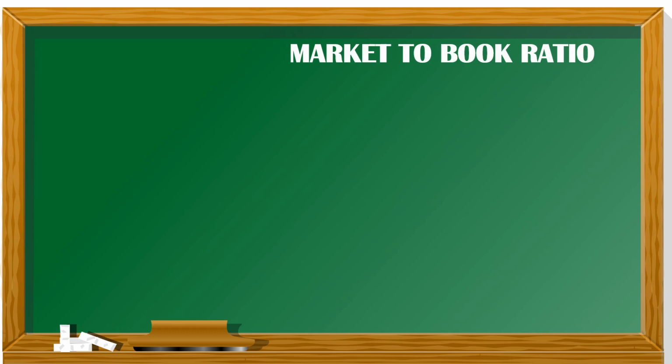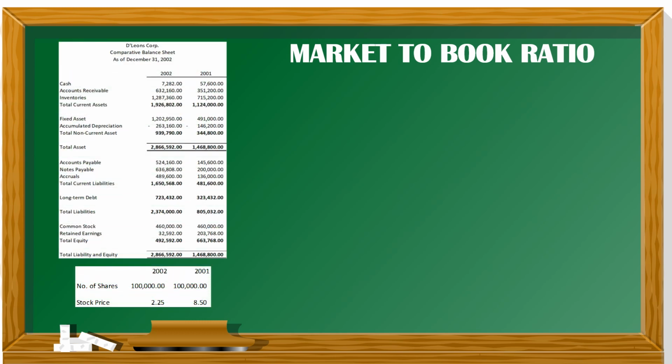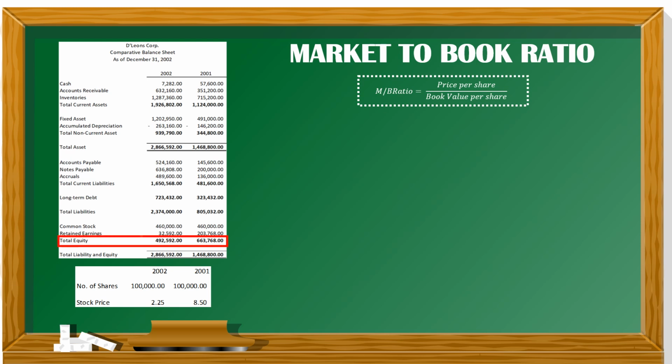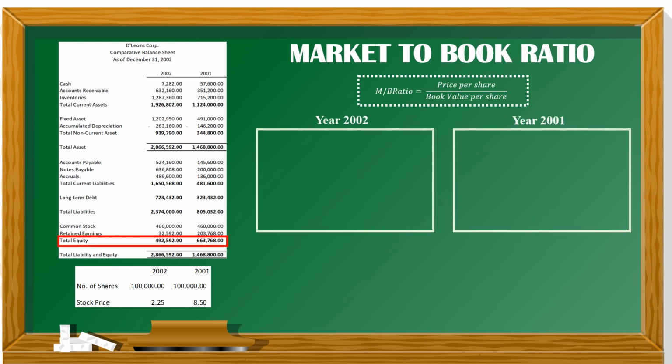Okay, so we have here the last type of market value ratio, that is the market to book ratio. Now, in this example, we have the formula of price per share divided by the book value per share. Here, we will be computing first the book value per share. That is the total equity divided by the total number of shares. Now here in 2002, the total equity is 492,595 divided by 100,000 total number of shares.